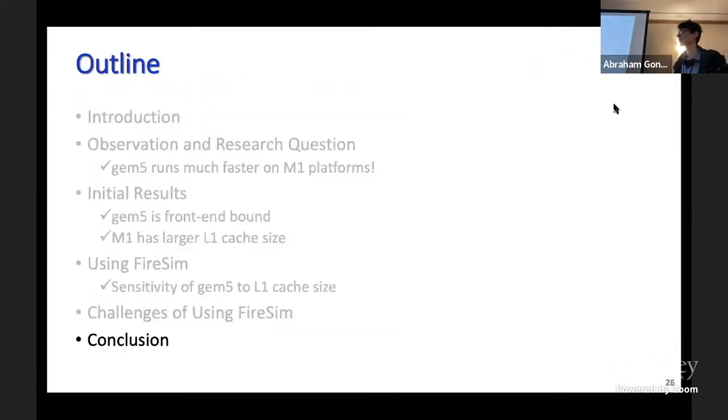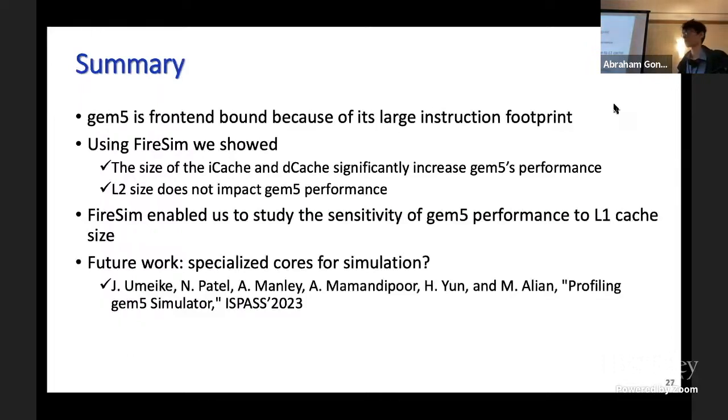So I want to conclude by giving a summary of how FireSim was relevant to our work on profiling Gem 5 simulation. We found that Gem 5 is front-end bound because of its large instruction footprint. And using FireSim was helpful because it allowed us to study the impact of the I cache and D cache size on Gem 5's performance.